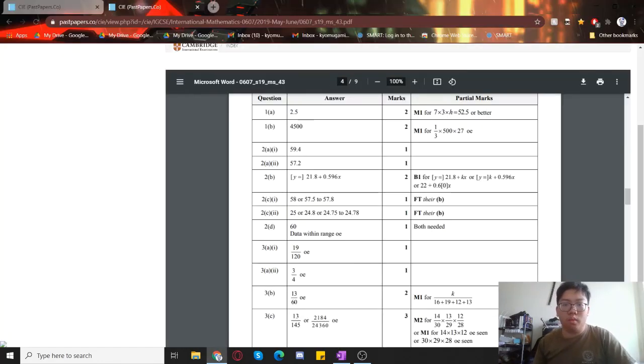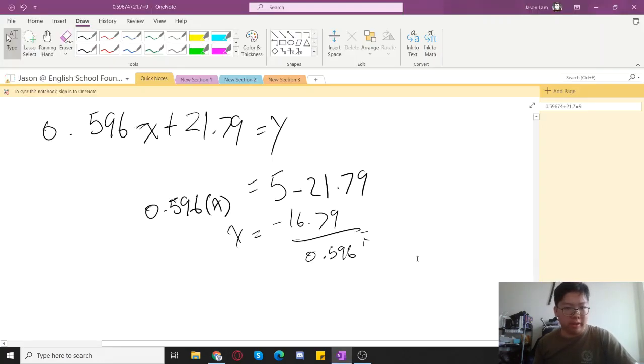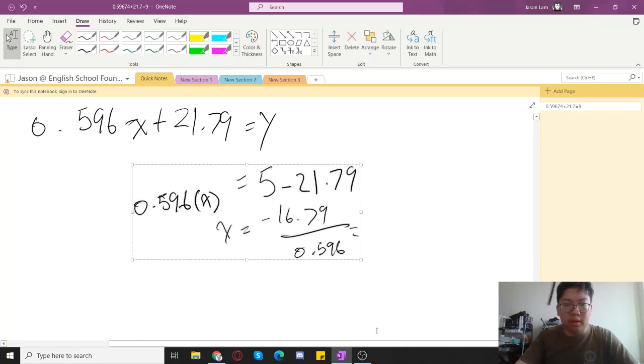Interesting. Okay, let's try it. Interesting. It shouldn't be a minus mark, actually. On the contrary, it should be positive. Okay, maybe we did something wrong, but not likely.